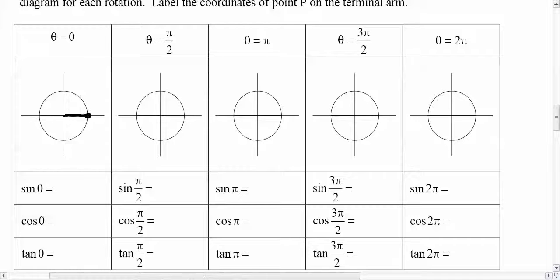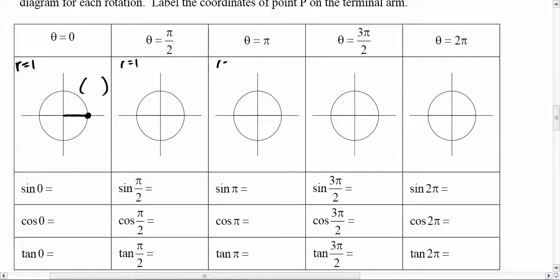Okay, so an angle of 0 in standard position is just a line on the x-axis. And we can't make a triangle with that, so we can't analyze it using sine as opposite over hypotenuse. But we can use the fact that we just proved on the last page. To find the sine of that angle, all we need to know is the coordinates. Now on all of these circles, the radius is 1.